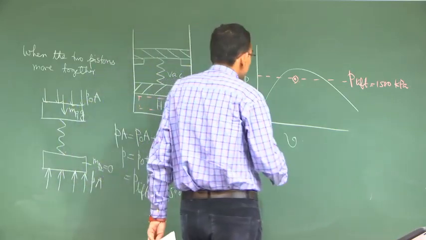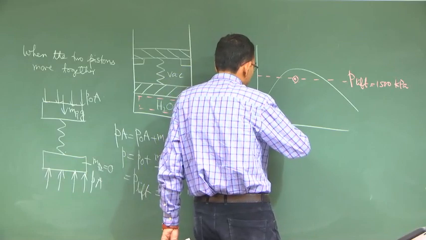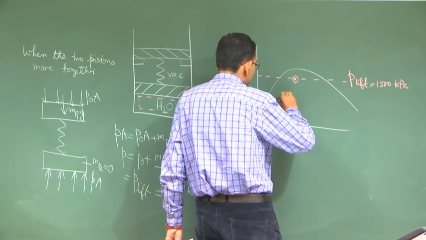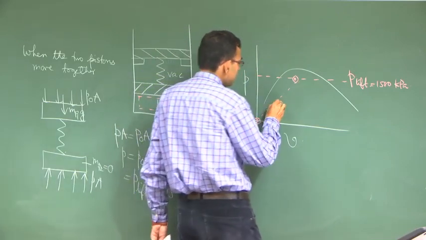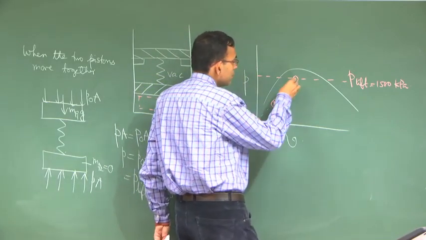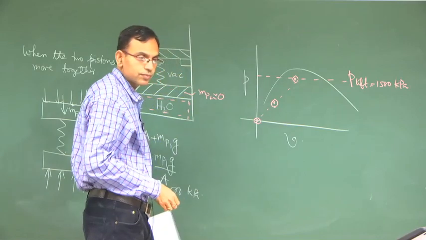Up to this it will be a linear variation because the spring is a linear spring and there is a state point 1 which is lying on that. Okay.